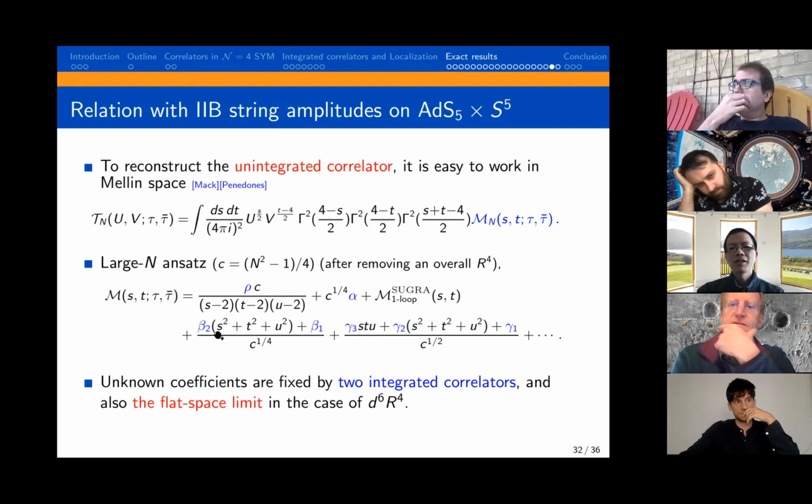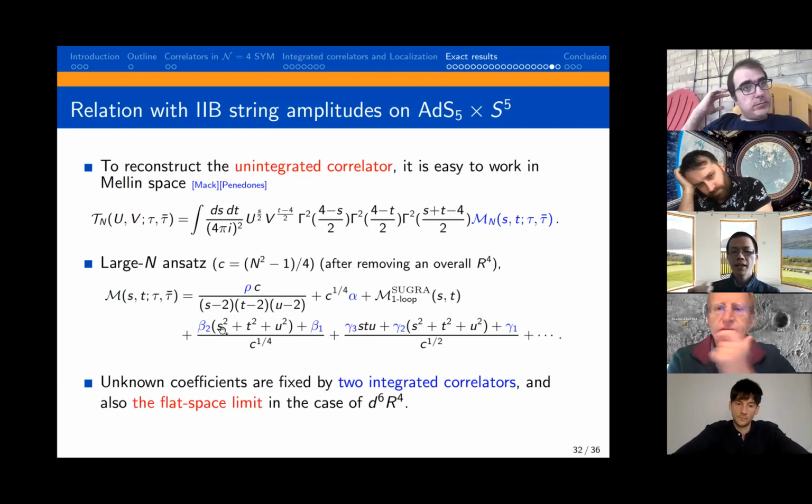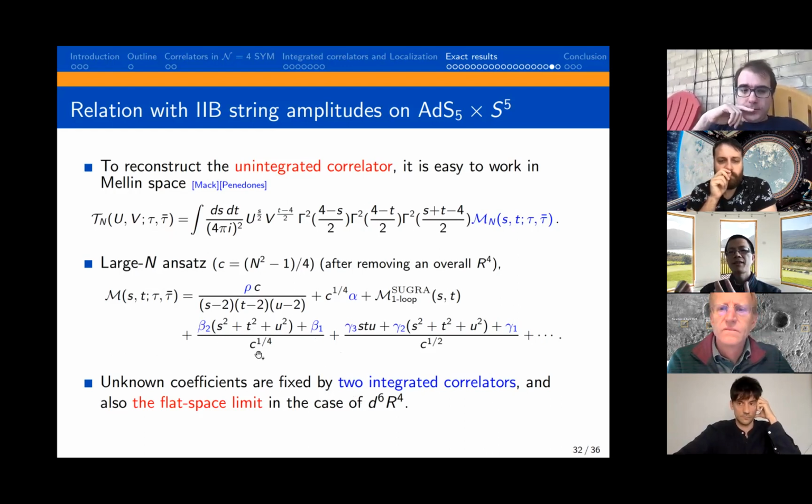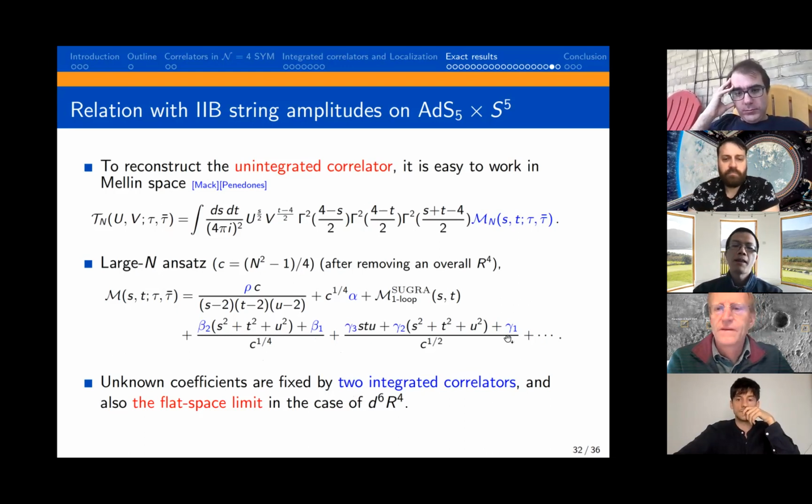And at this order, D4 R to the 4, now you have 2 numbers with 2 conditions. I can fix them. In principle, I can also use the flat space limit because I know what it is in flat space. So in principle, I have 3 conditions if I include flat space. That again gives me another consistency check. Finally, for D6 R to the 4, well, 3 numbers, so I need the 3 conditions to fix it.